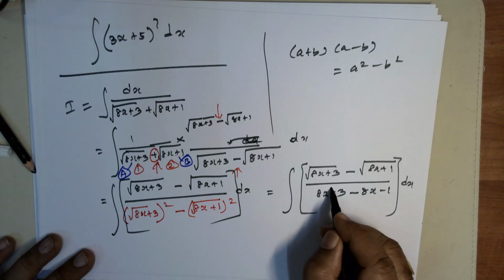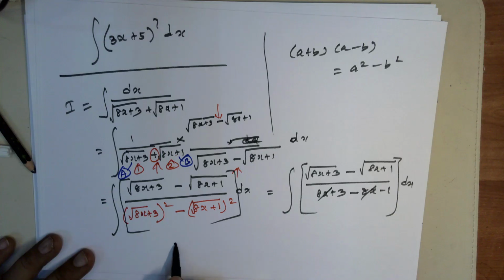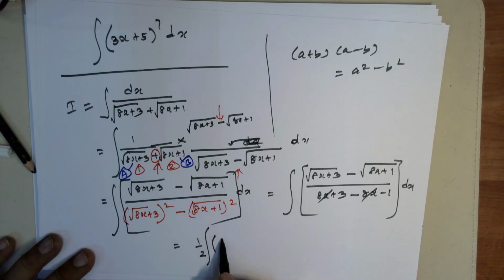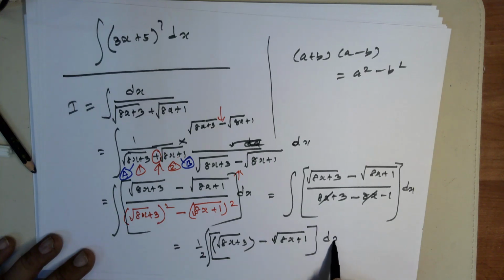The 8x cancels, 3 minus 1 is 2, therefore 1 by 2 we can isolate. Now we have the integral of root of (8x plus 3) minus root of (8x plus 1). So we have the two terms of dx.